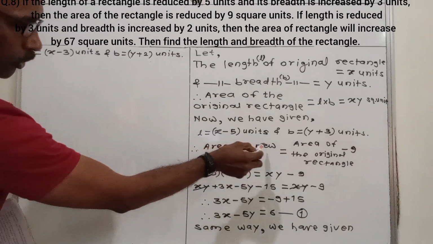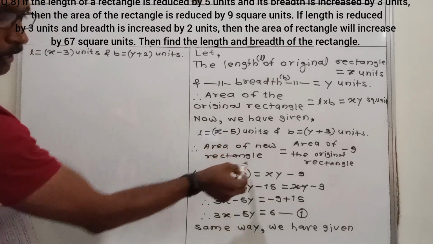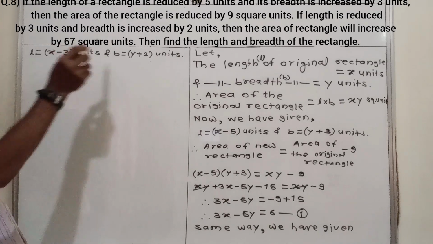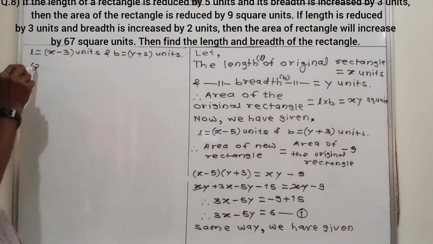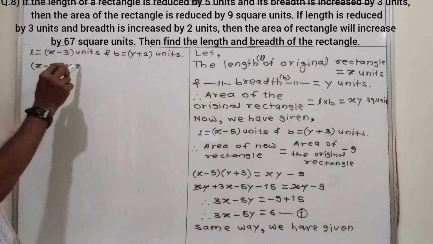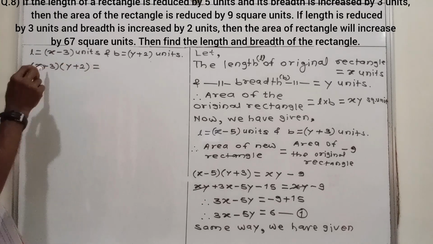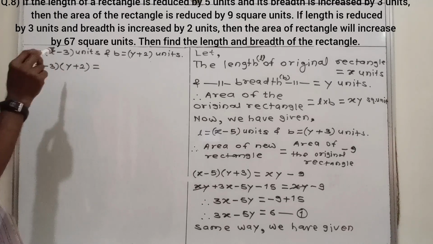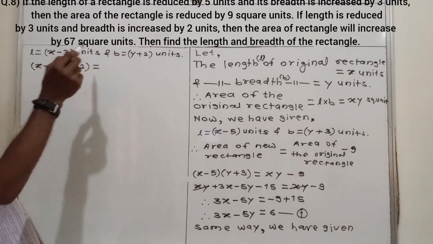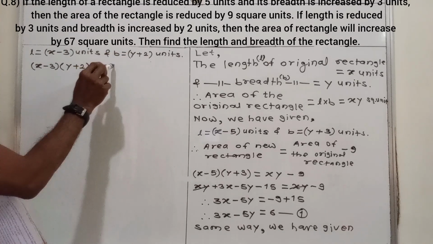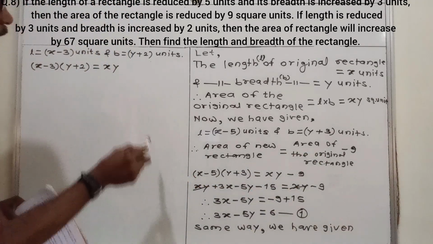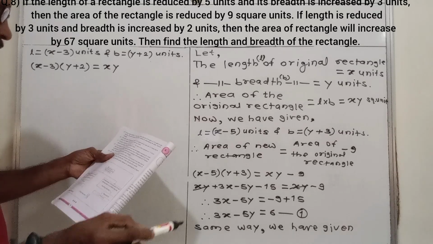Okay. Area of the second new rectangle. What is L into B? L into B means the area of the second new rectangle, from this L and B, is equal to the area of the original rectangle plus 67.